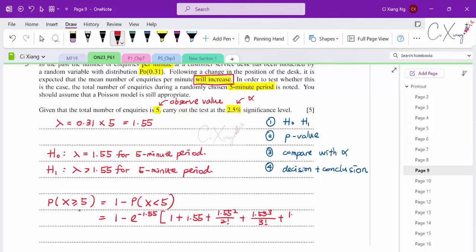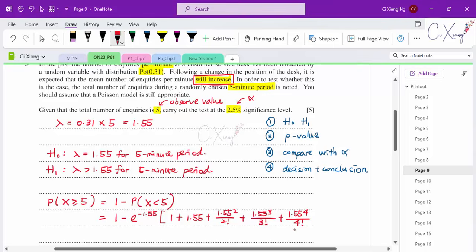And x equals 4 will be lambda to the power of 4 divided by 4 factorial. You can see that since this is x smaller than 5, 5 shouldn't be included when I take 1 minus. Therefore, I stop at x equals 4.